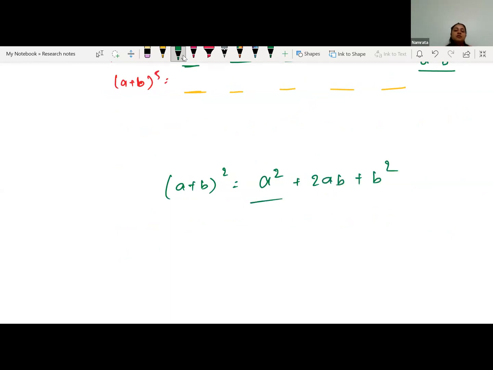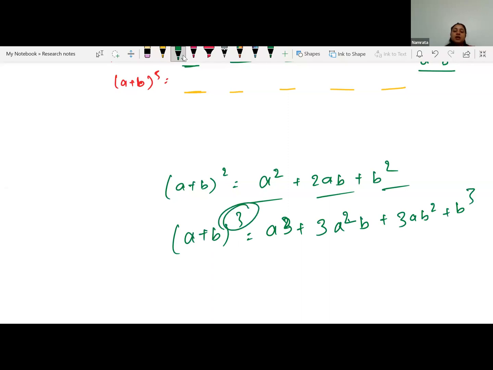How many terms? 1, 2, 3. Can you see? Yes, ma'am. When the power was 3, we have got a cube plus 3a square b plus 3ab square plus b cube. When the power was 3, 1, 2, 3, 4 terms we have got.